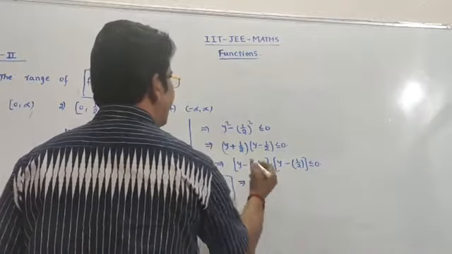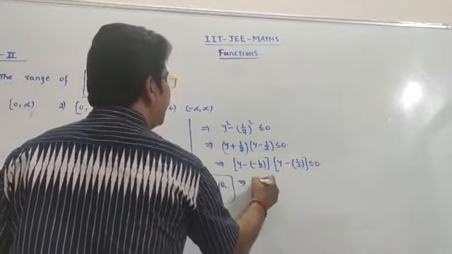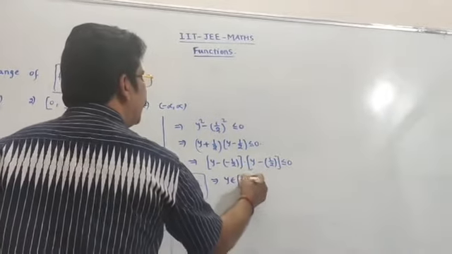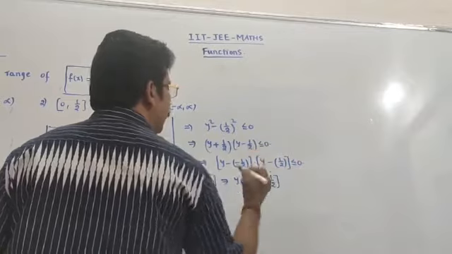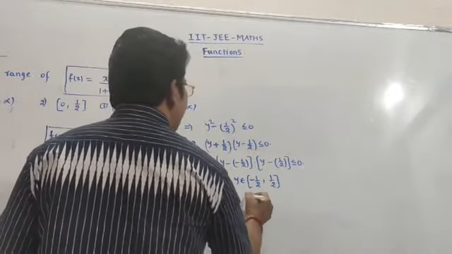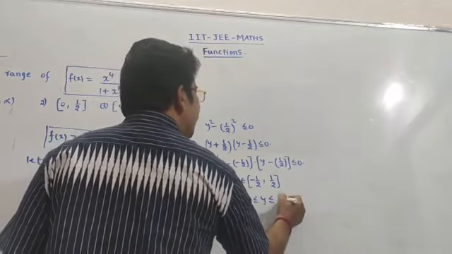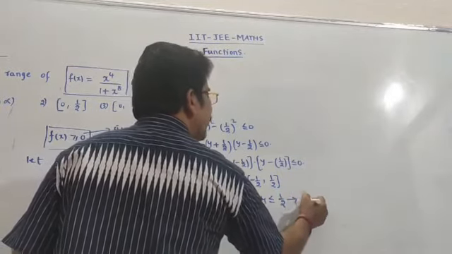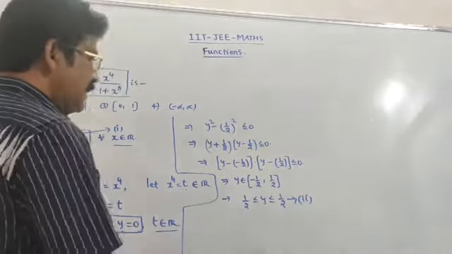Already I said about the less than or equal to 0 inequality, then y belongs to the closed interval of minus 1 by 2 comma plus 1 by 2. It means minus 1 by 2 is less than or equal to y less than or equal to plus 1 by 2. Let it be statement number 2.